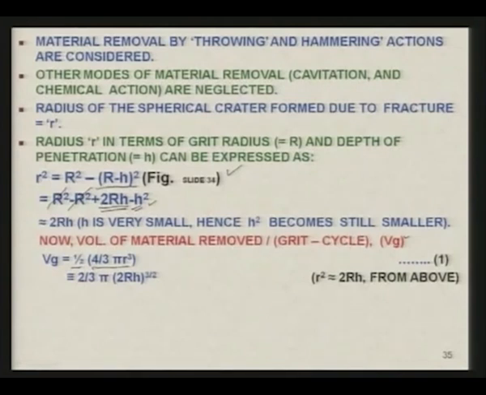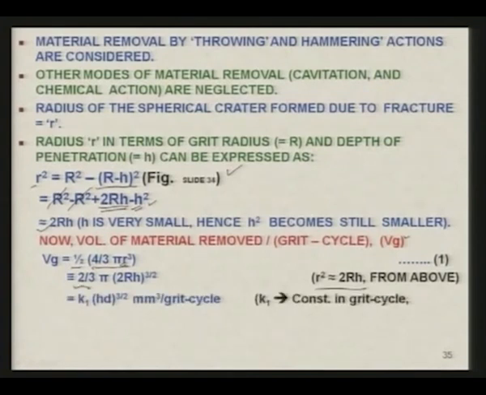Now, here small r square can be taken from here, and if you substitute r square equal to 2 capital R h, then you get V g equal to 2 by 3 pi multiplied by 2 R h whole raised to power 3 by 2. We know already r square is equal to 2 capital R h.